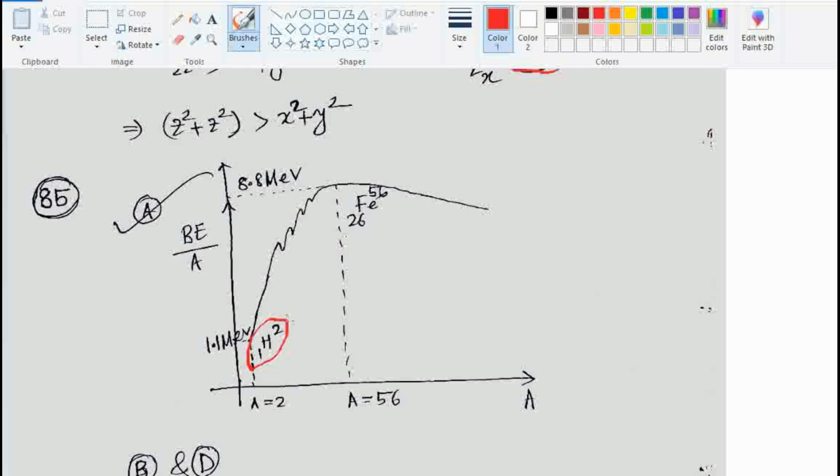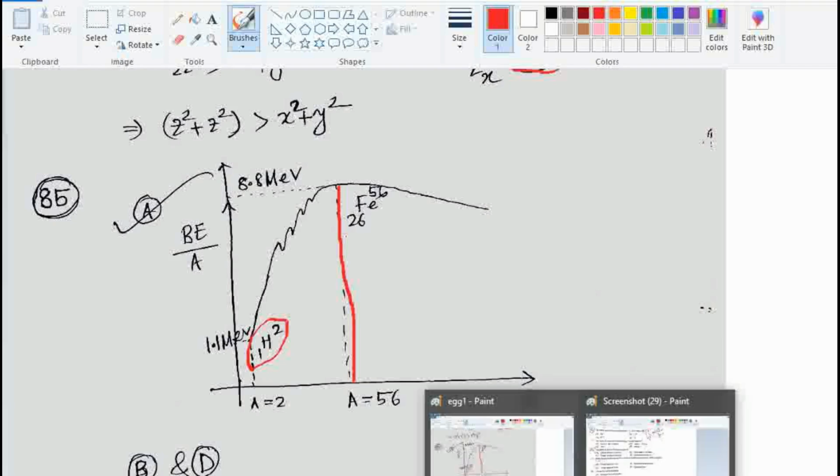This is the least bound, and the most bound is iron, Fe 26 56, whose binding energy per nucleon is 8.8, the highest one. Highly bound. So option A is the correct one.